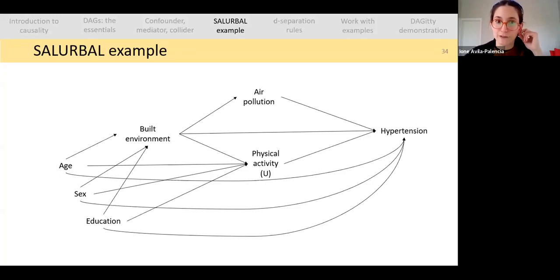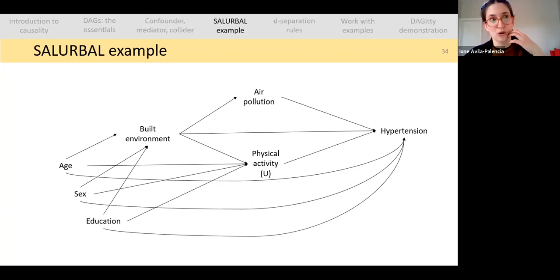For example, if you are thinking about the use of built environment, the use differs depending on your gender, and also on your level of education.